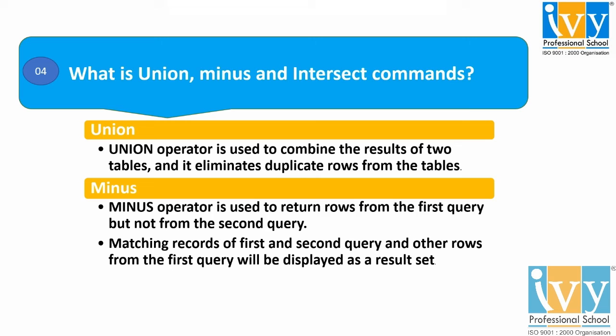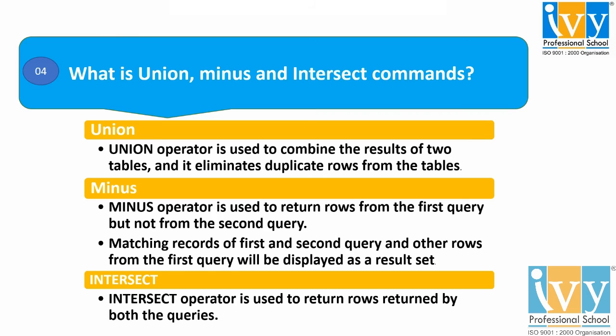Also, we can say that in the MINUS operator, matching records of the first and second query are removed and the other rows from the first query will be displayed as a result set. Lastly, the INTERSECT command. The INTERSECT operator is used to return rows returned by both the queries. This is all about the UNION, MINUS and INTERSECT commands.